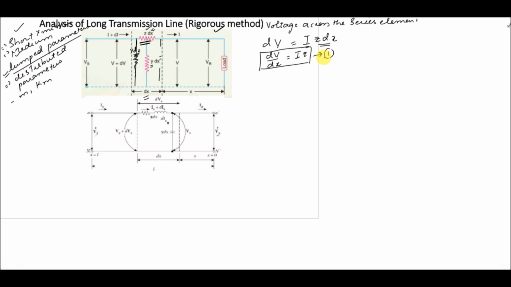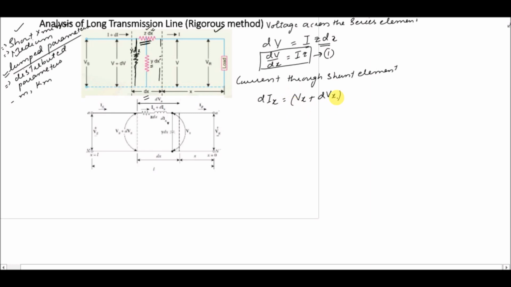Now if we have to find the current through the shunt element, this is your shunt element. For current through the shunt element, dIx will be equal to Vx plus dVx into y dx.